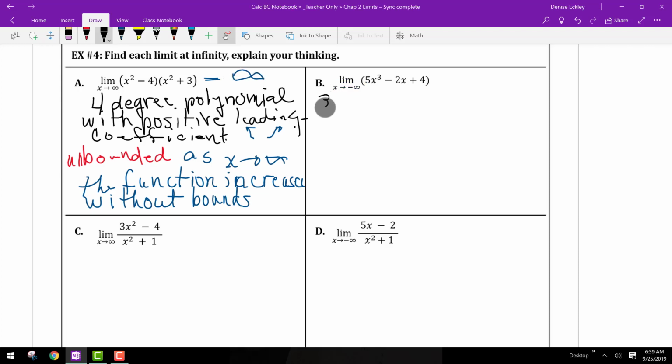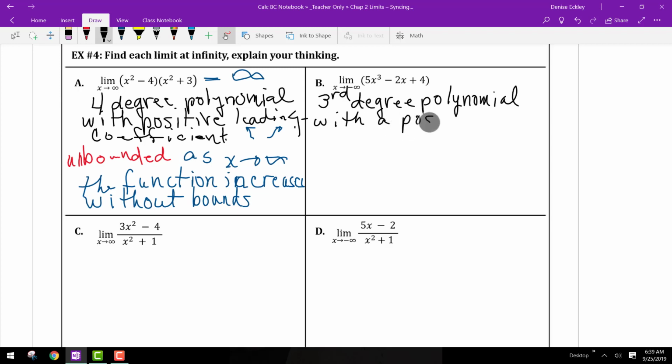Okay, we have a 3rd degree polynomial with a positive leading coefficient. So our end behavior looks like this. So we're headed to negative infinity.